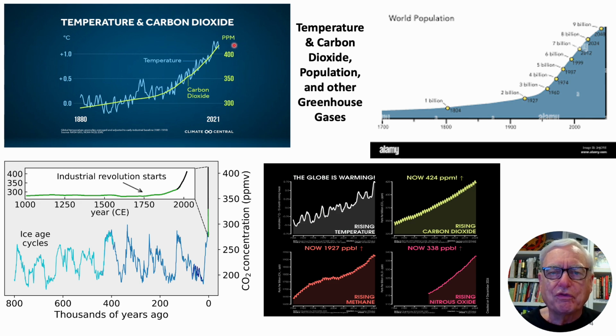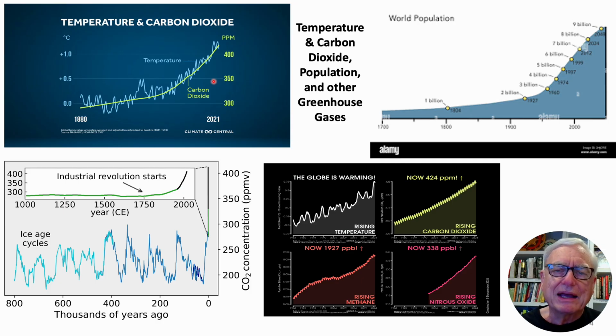Now, we're over 400. In fact, the latest number I saw was about 430. That's represented by this yellow line here. And then you can see the blue line, which represents temperature. You can see temperature is highly correlated to what's happening with regard to carbon dioxide in the atmosphere.